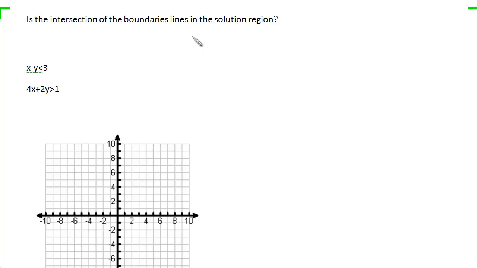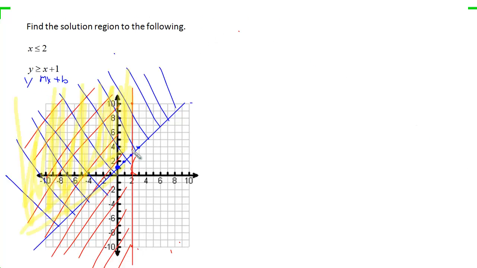And in that prior set it certainly was. The point of intersection is part of the solution because both of those inequalities, if we go back and look, were greater than or equal to or less than or equal to. The equal to component is what's important because if it fell right here at the point of intersection, that is on both of those lines and it is part of the solution because both of those lines are solid.